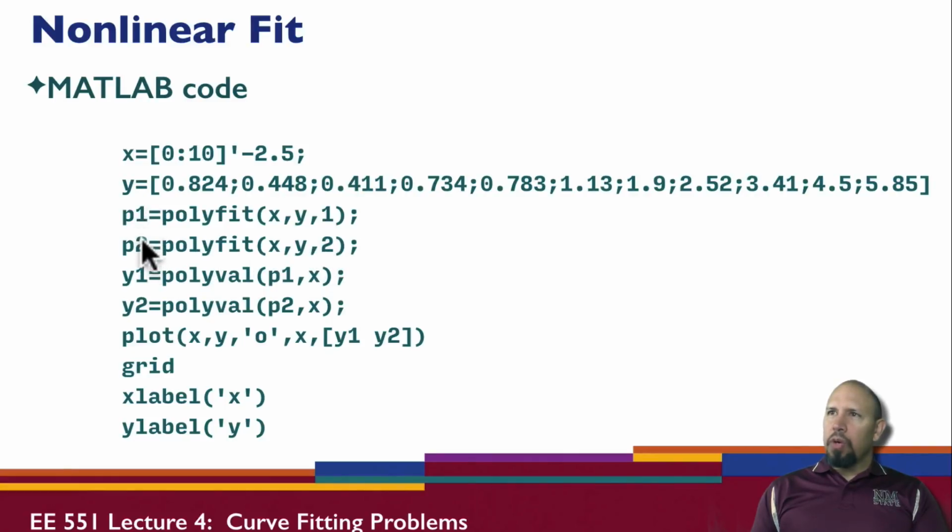So this is the one that has the slope and intercept, and this is the one that has the quadratic coefficients. Then I can use the function polyval to evaluate the polynomial at the values of X that we're working with. Then here I've gone through and done the plotting and so forth. So this is the code that can be used to do that.